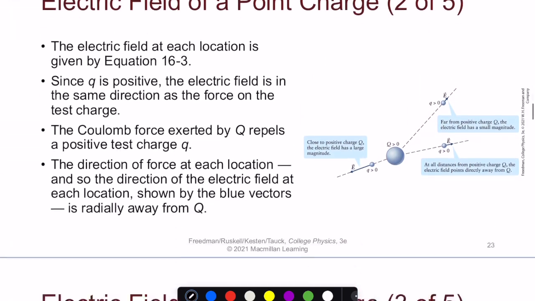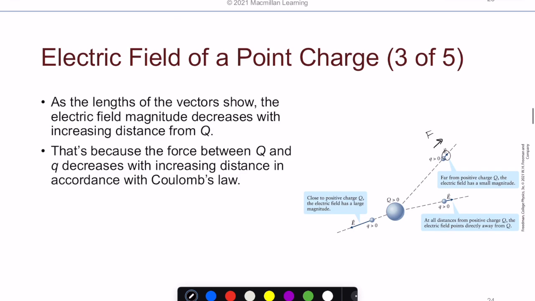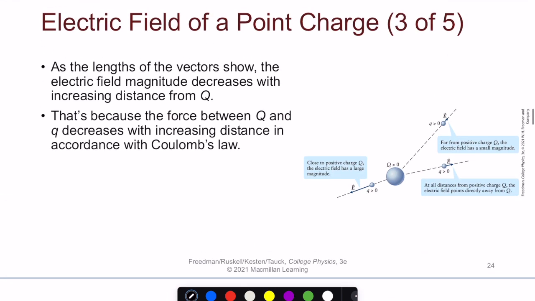So that's pretty much what this slide tells you, right? We see that inverse proportionality. We use little q to determine the electric field by simply dividing the force by charge.